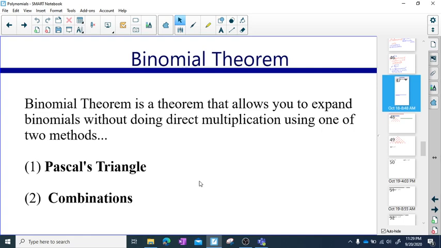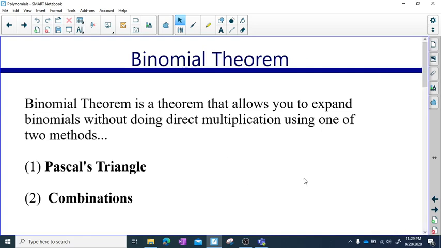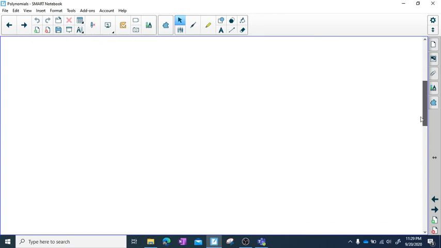Now, before we can get into this using Pascal's Triangle, we have to make sure you know what Pascal's Triangle is. So, let's have a look down here below. I think I have a picture of it.